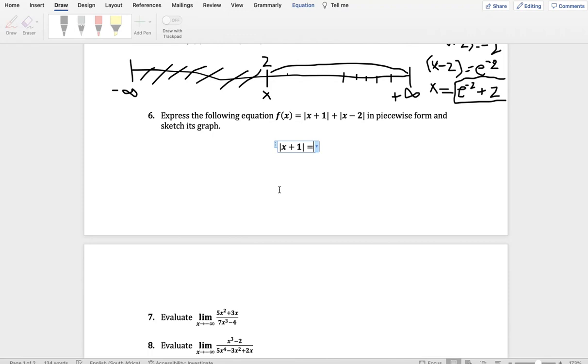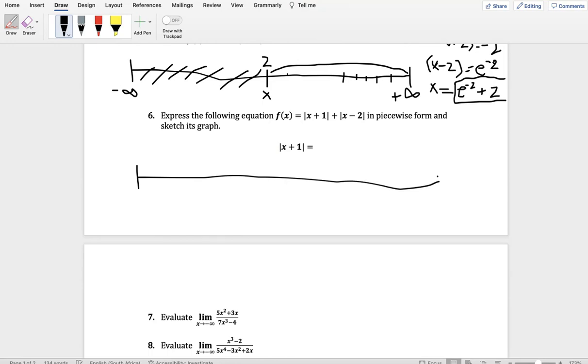So let's say we have a number line which goes from negative infinity to positive infinity.